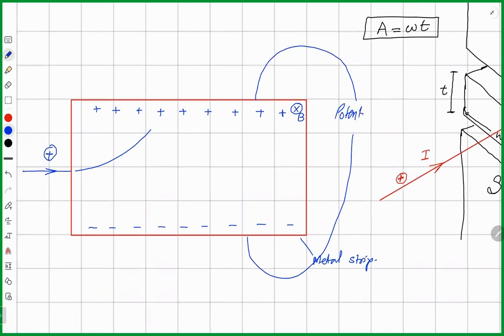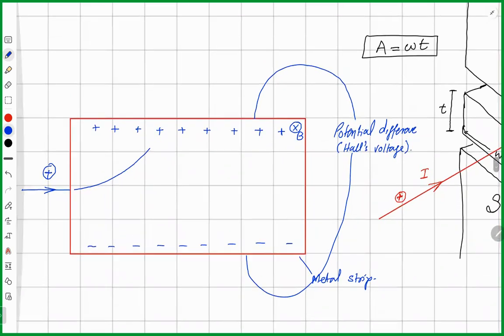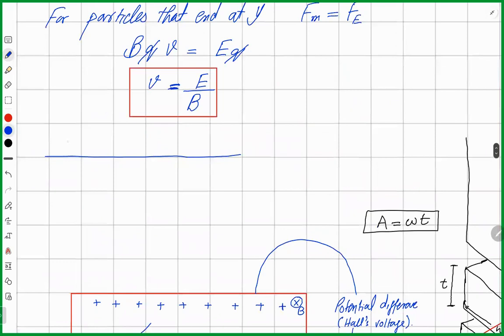Yeah. This potential difference has a name, that is Hall's voltage. What voltage? Hall's voltage. This is today's topic. Hall's voltage.